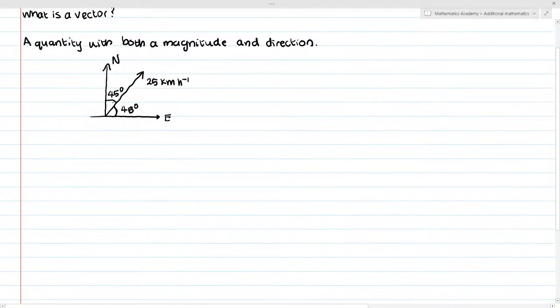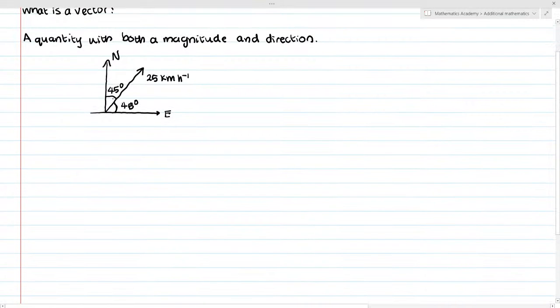But there's something even better that we can do, because sometimes you do want to know the angle and the size of the speed or of the velocity, 25 kilometers an hour in this case.